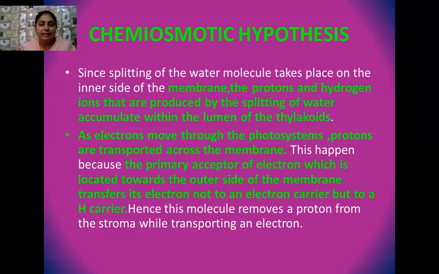After releasing energy to plastocyanin also, most of the energy is lost from the electrons, and as they are now very low in energy, they cannot move further and finally fall into photosystem 1, that is P700.